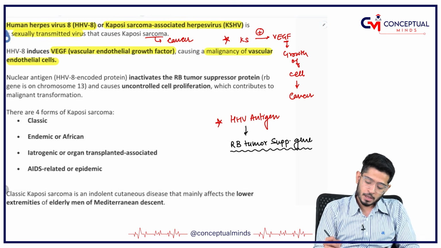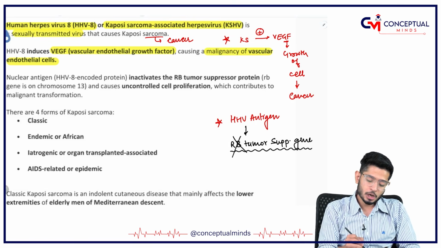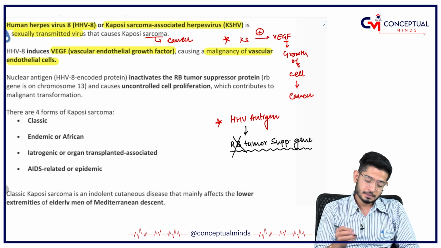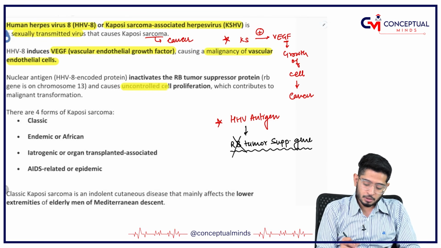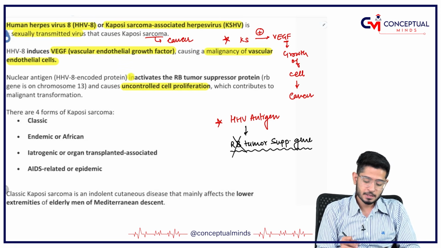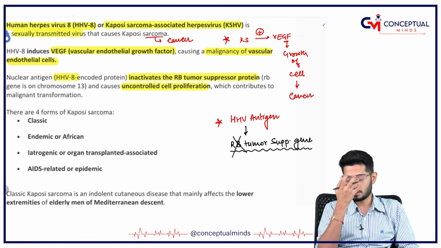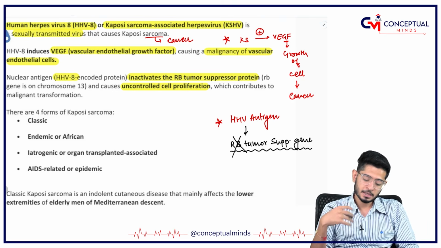Now, HHV kills this RB tumor suppressor gene. So, now the tumor is not suppressed, that leads to uncontrolled cell proliferation. So, HHV-8 inactivates the retinoblastoma tumor suppressor gene. Now, there is uncontrolled cell proliferation which is going to happen.